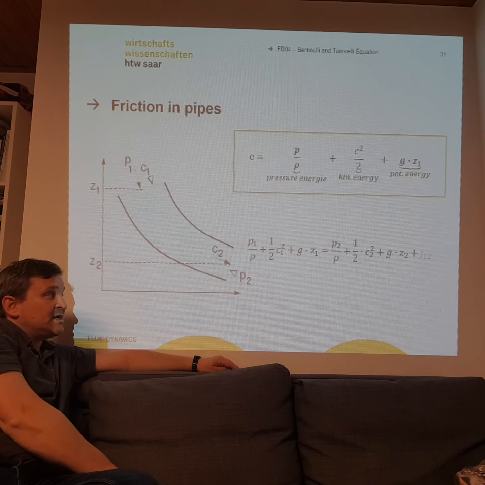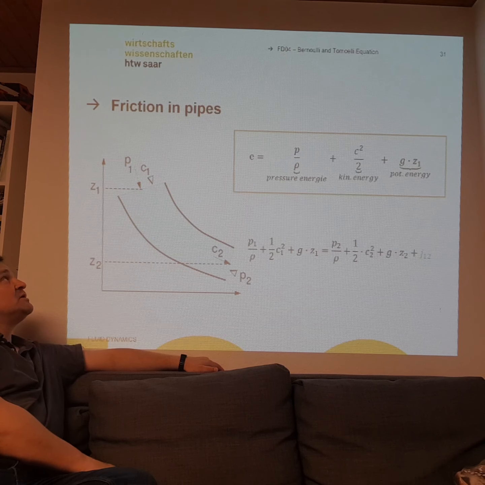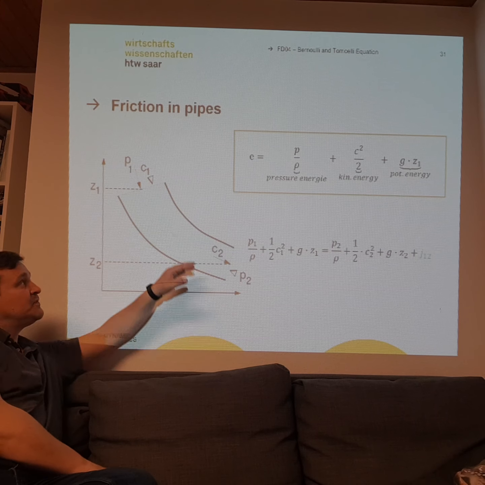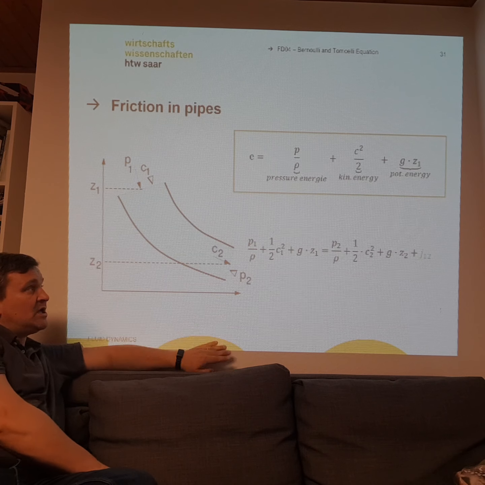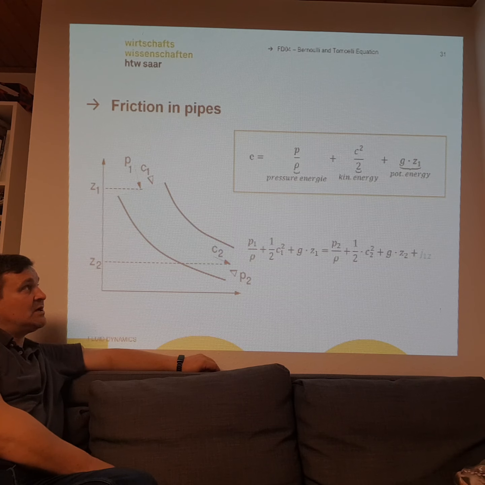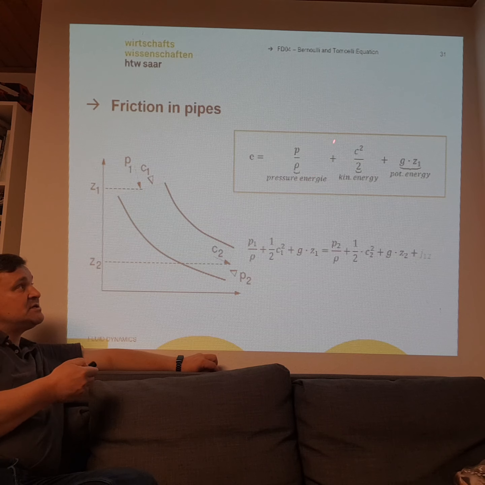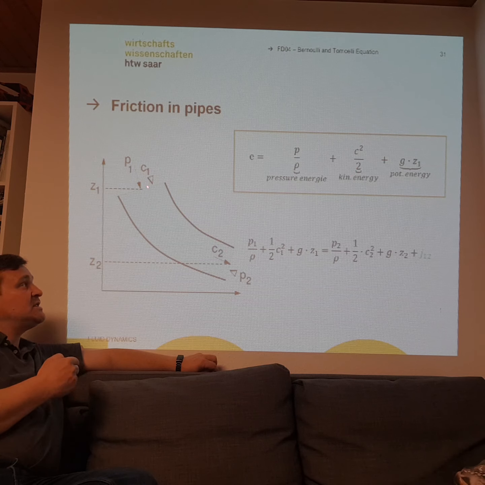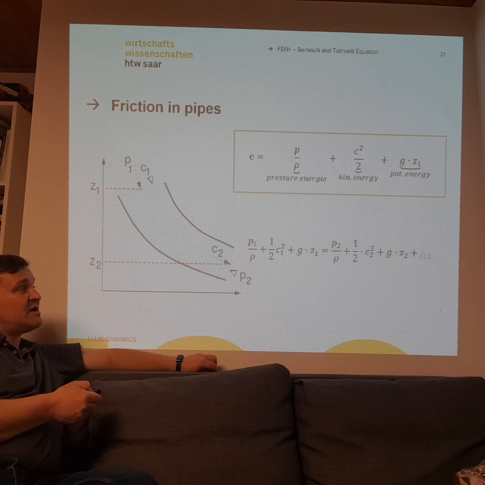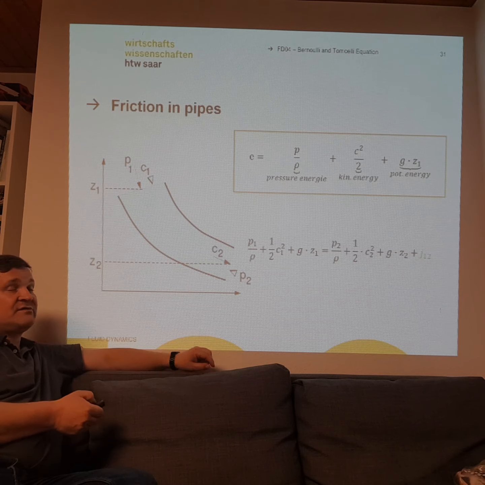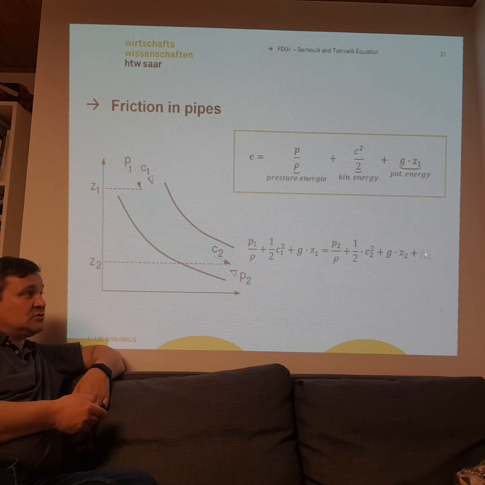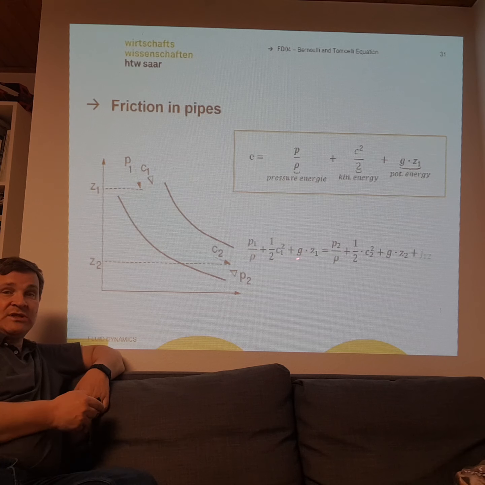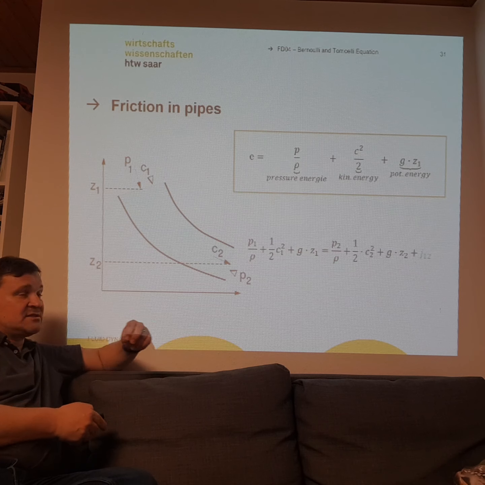If you have friction in pipes, you will have losses. We have a velocity, a pressure difference, a kinetic energy change, and a height change, but if we have friction or temperature rise, we have additional losses. If we want to formulate the balance, we must take this into account.